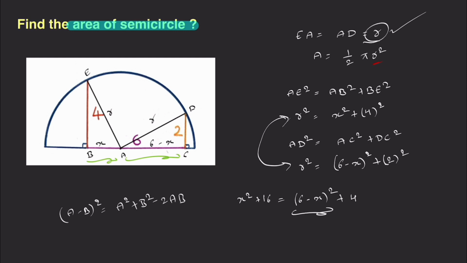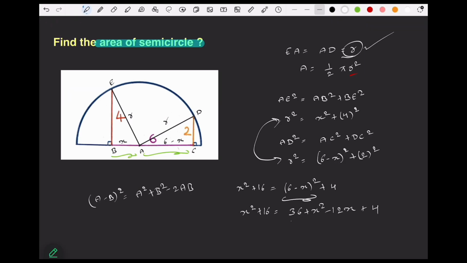Using this, I am expanding 6 minus x whole square. So x square plus 16 is equal to 36 plus x square minus 12x plus 4. If we add up the numericals on this side, it is x square plus 16 is equal to 40 minus 12x plus x square.